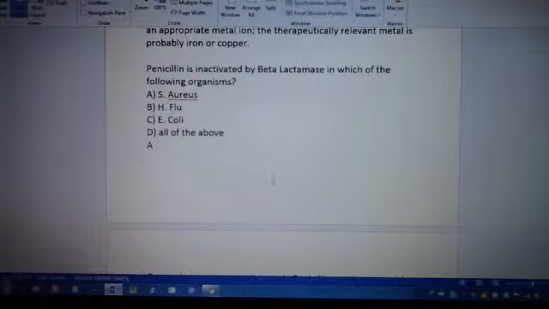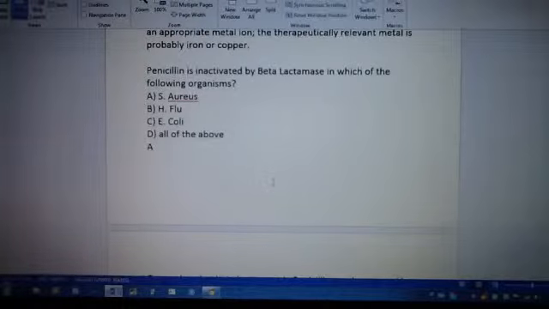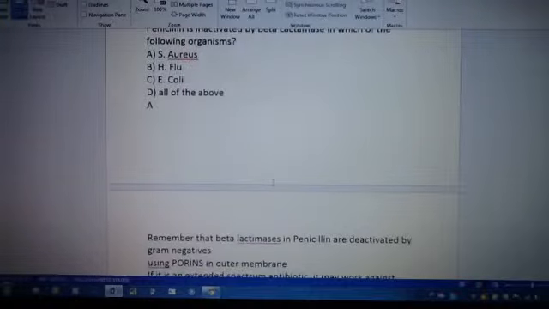Next, penicillin is inactivated by beta-lactamases in which of the following organisms? Is it Staph aureus? Is it Haemophilus influenzae? Is it E. coli? Or is it all of the above? The answer is A, Staph aureus. Is that right? I think I wrote the wrong answer here.